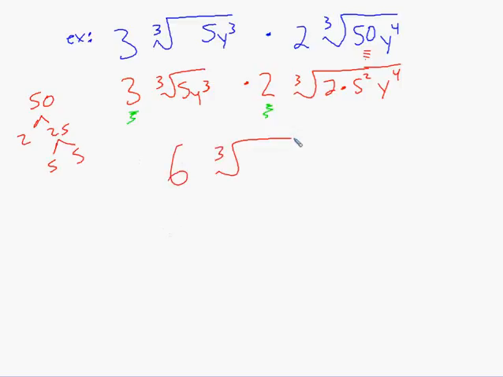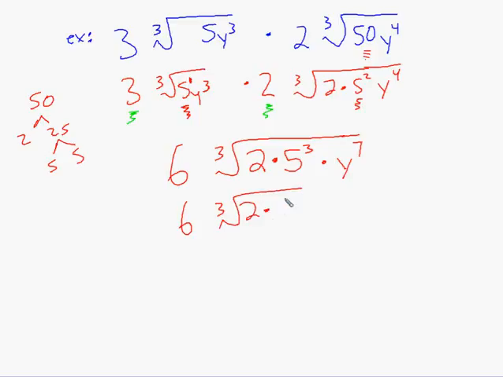Then cube root 2 times 5 to the what? I have a 5 right here, 5 to the 1. 5 to the 1 times 5 squared is 5 cubed. So we're treating our numbers like we would our variables. Times y to the 7. See what I did there? I'm going to take that as a yes.